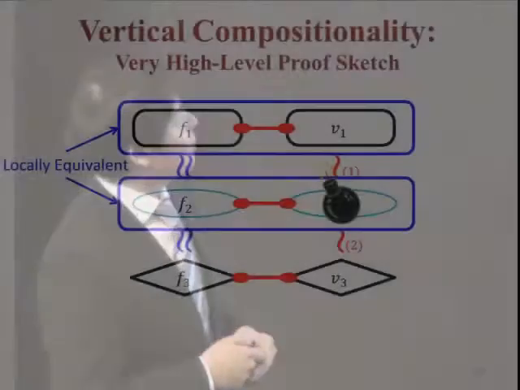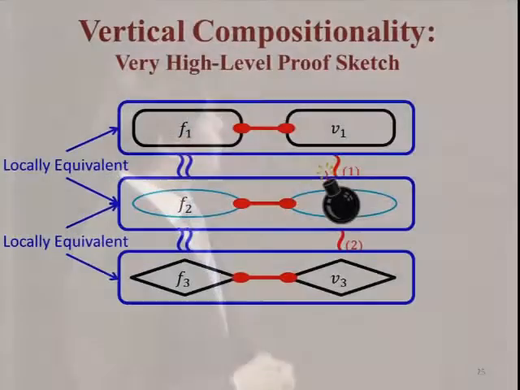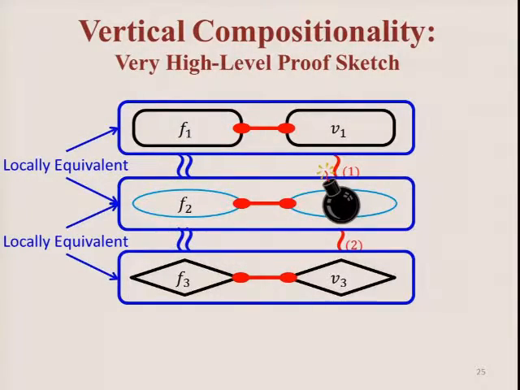We know that this equivalence is parametric over arbitrary global equivalence. So we know that F1 applied to V1 and F2 applied to BOM locally behave the same, even though this is BOM, because it does not execute this part, only the local part. Similarly, we know that these two are locally equivalent. Now what we need to show is that this local equivalence is transitive, but that's not obvious.